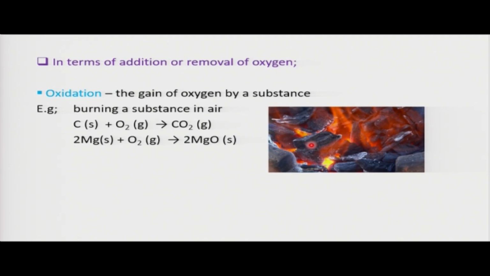So when you're burning charcoal to produce the heat for us to have the food cooked, what is happening? There is a chemical reaction. Charcoal is carbon, burn it in oxygen to form carbon dioxide. So there is a chemical reaction. In that case, that is oxidation, because we are adding oxygen to carbon.